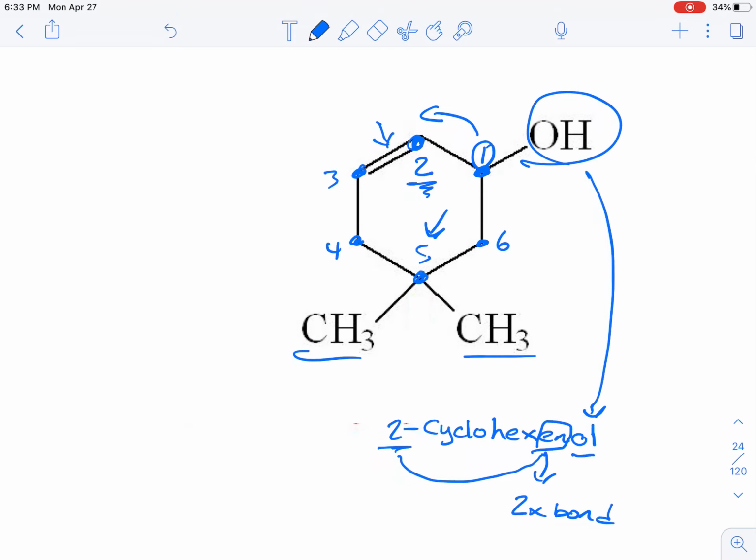So since they're both on carbon number 5, we'll say 5,5 dash dimethyl. And since we're going from a letter to a number, I need to put a dash. So I'm just going to scoot this in just a little bit. Okay. And this would be the name of this organic compound. 5,5 dash dimethyl dash 2 dash cyclohexenol.